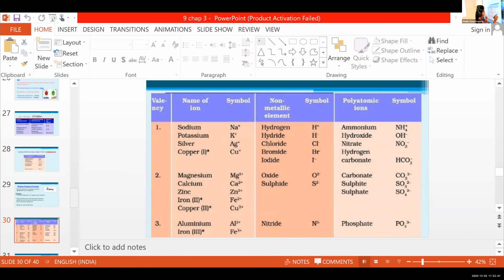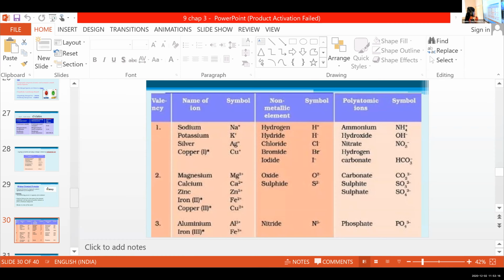In the case of polyatomic ions, carbonate, CO3 2 minus; sulfite, SO3 2 minus; and sulfate, SO4 2 minus. Then valency 3: aluminium, Al3 plus, and iron, Fe3 plus. Among non-metals, nitride, N3 minus. Among polyatomic ions, phosphate, PO4 3 minus. So try to remember the valency of certain ions. Okay?